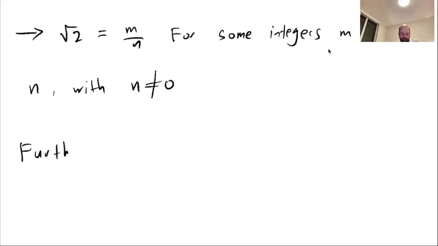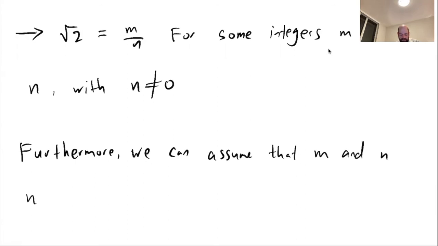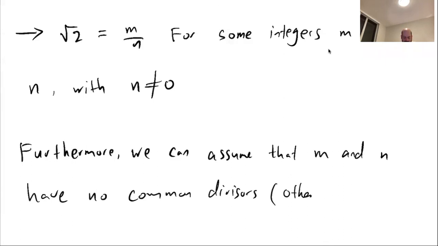Furthermore, we can assume that m and n have no common divisors, of course, other than plus minus 1.